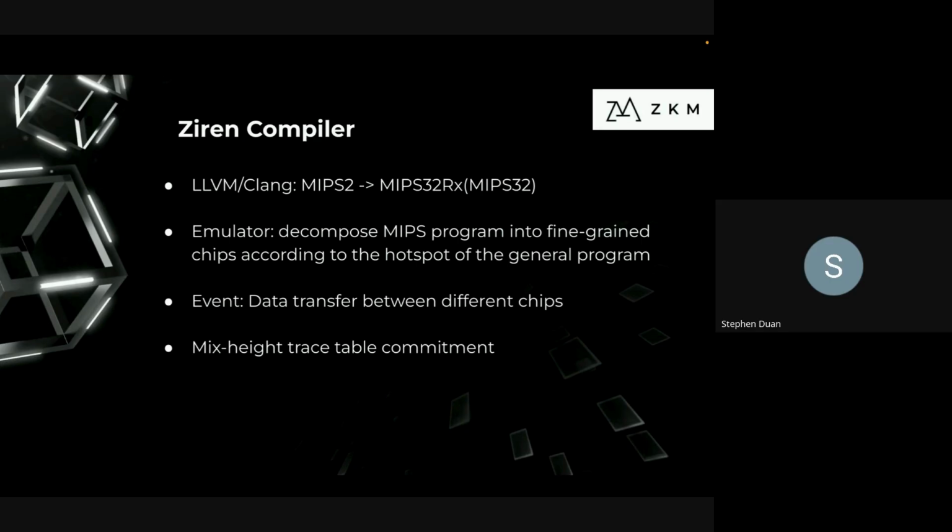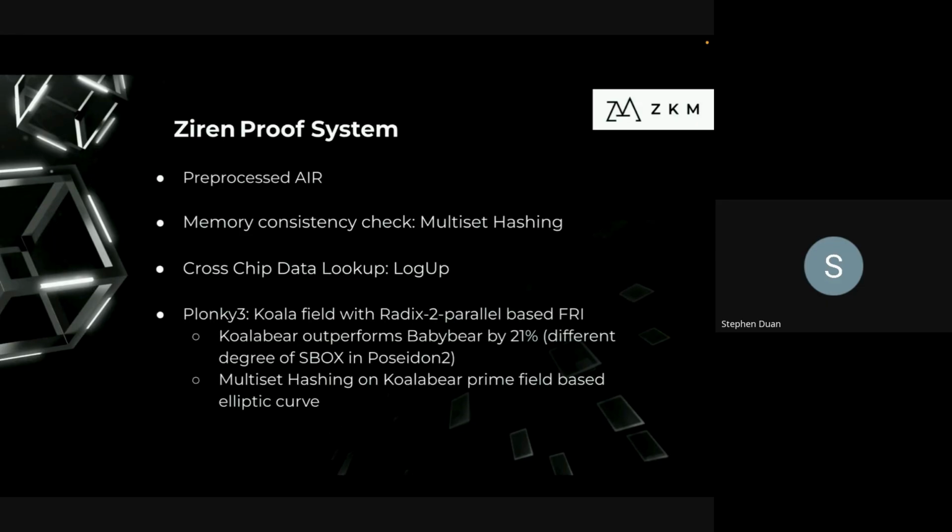That means each chip has a trace table, and all those tables have different heights, so we need to take care of the mixed-height trace table commitments. In the proof system, basically we need AIR to express the constraints, and then we also need to commit the memory, because when we run the EVM, that means the EVM never stops.